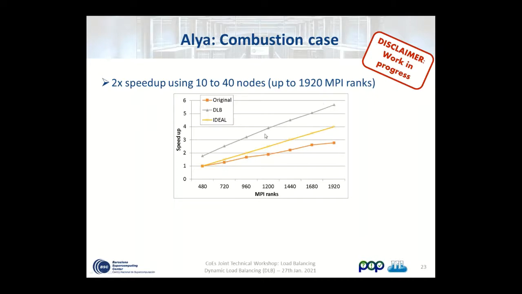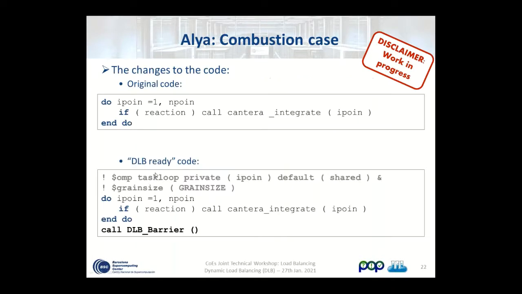We are, in fact, going 2 times faster with up to this number of MPI ranks. Just by adding, as I said, the pragma, the DLB barrier, and that part where you intercept the MPI calls that I mentioned at the beginning.